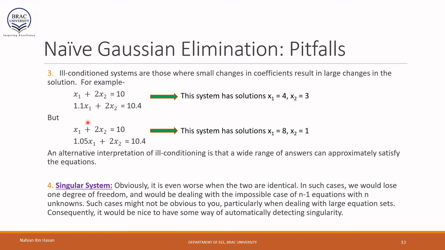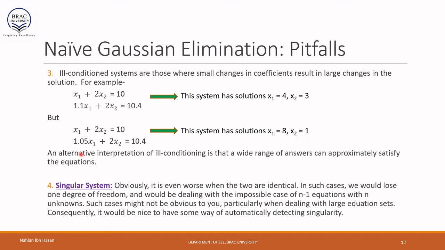But if we manipulate the first coefficient of the second equation a little bit, for example, we have just changed the value from 1.1 to 1.05. This is a very small change, but look at the effect. The solution is completely different: x1 equal to 8 and x2 equal to 1.